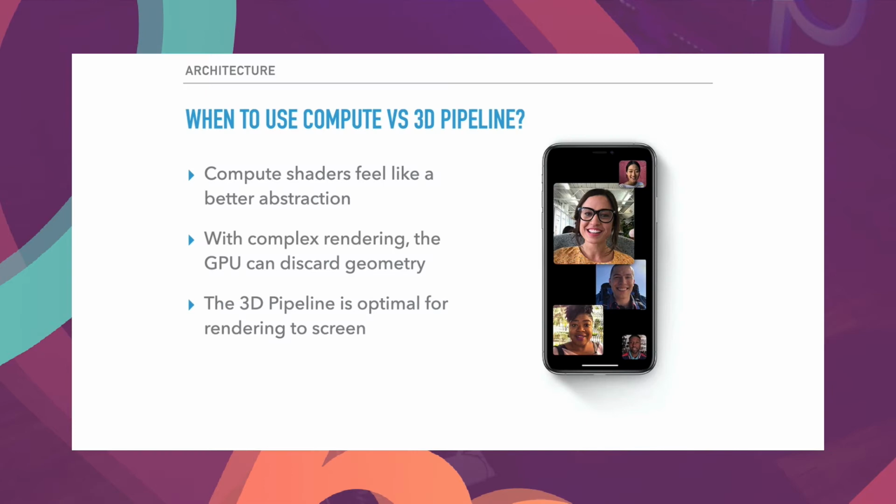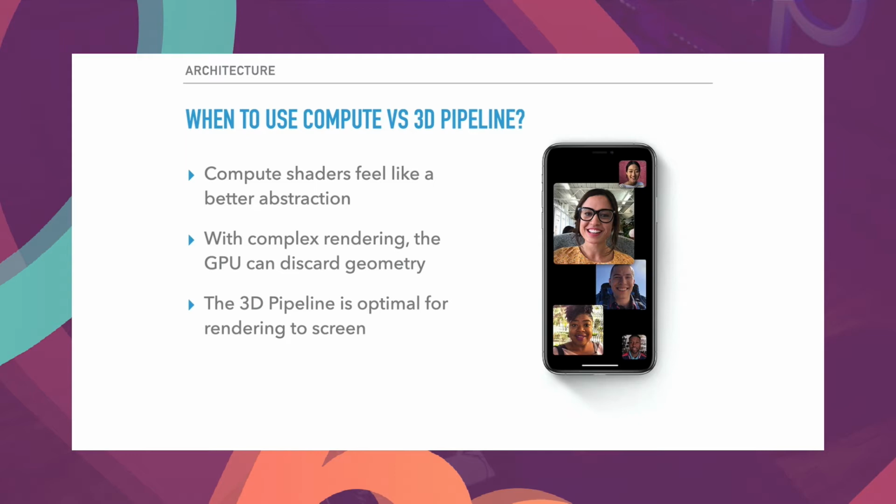Now, why would you choose one of these pipelines over the other? Well, the compute feature is extremely intuitive because it's just writing general purpose code. But at the same time, if you are rendering something that's like a 3D scene, it's in your interest to use the 3D pipeline because it can take certain optimizations for you.